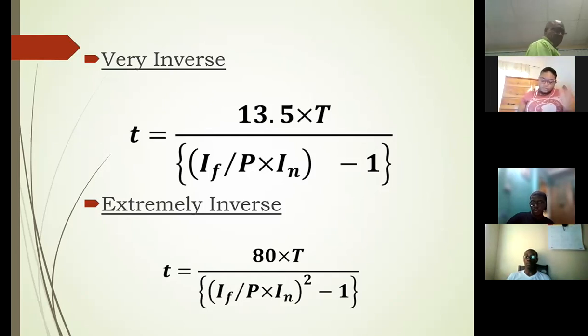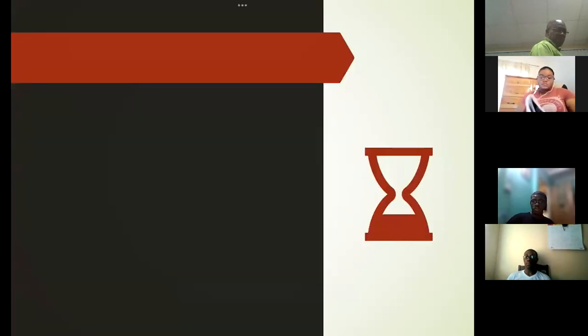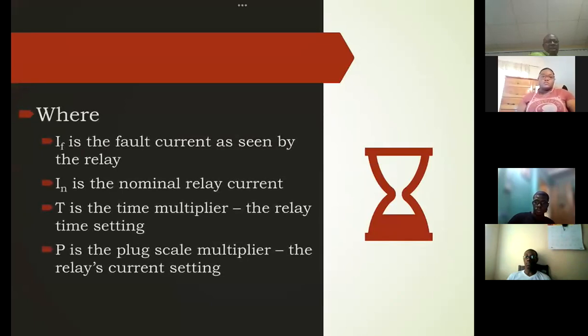Now, by way of definition of these variables that you see there, IF will be the fault current as seen by the relay. You can consider this either in terms of what is happening on the primary side or the secondary side of the CT.